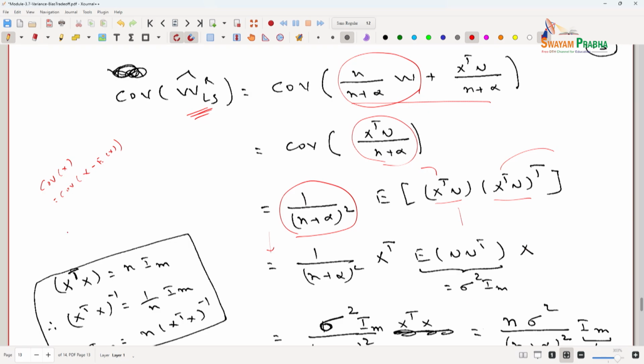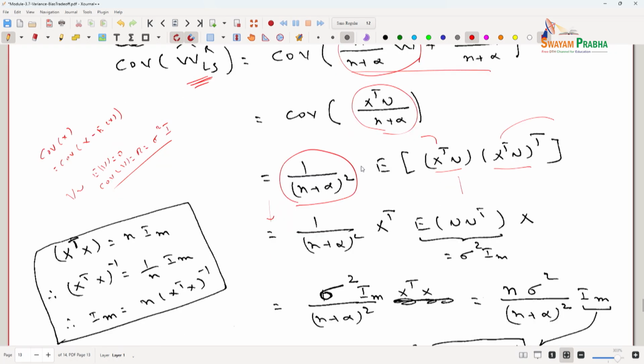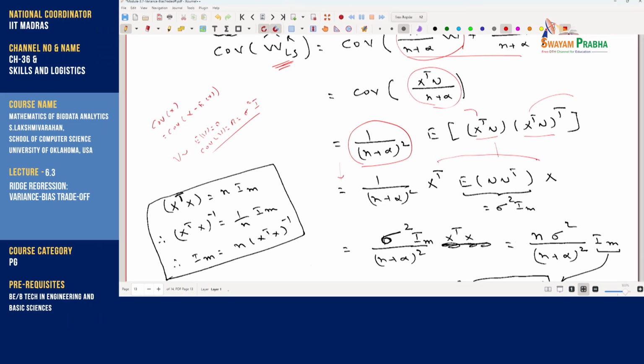We already assumed v is such that the expected value of v is 0, and the covariance of v is equal to R, which is sigma square I. That is the assumption we are carrying over. Therefore, this expression now becomes sigma square divided by (n plus alpha) whole square, times x transpose x. Now, we already know x transpose x is equal to n times the identity.